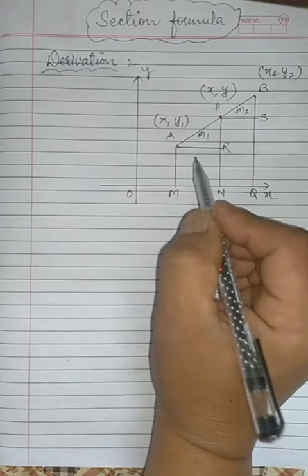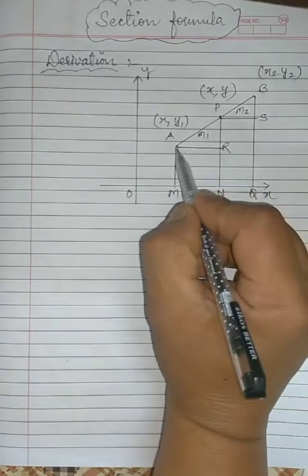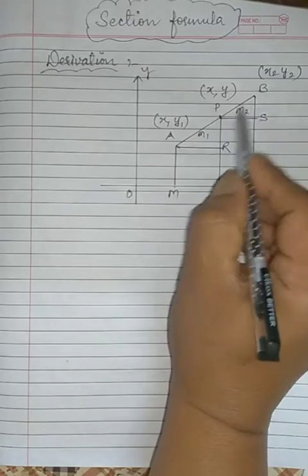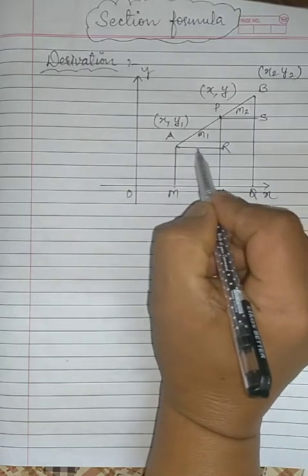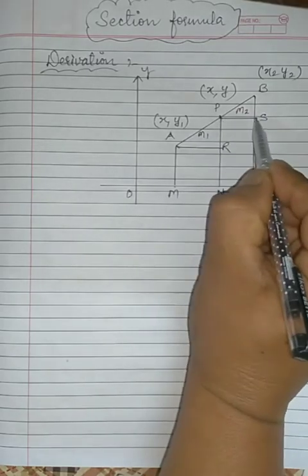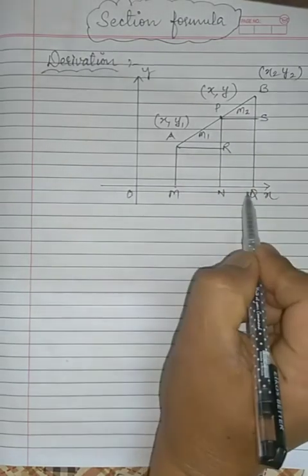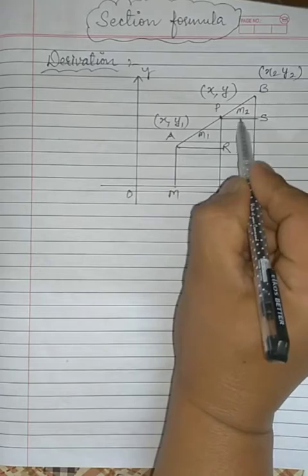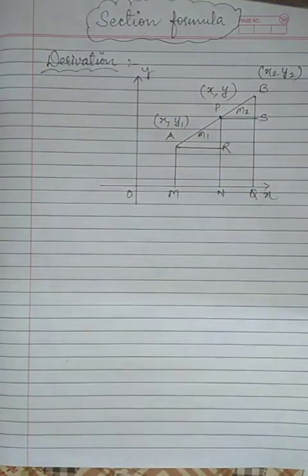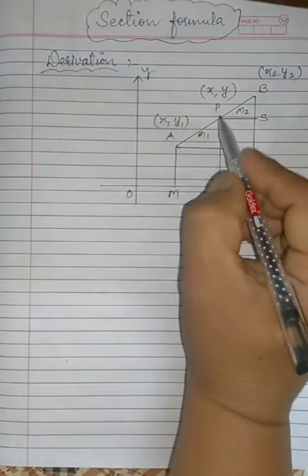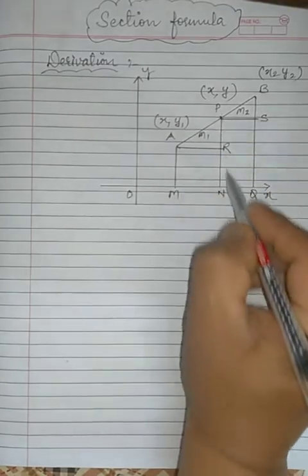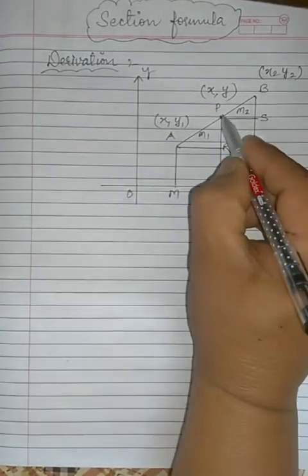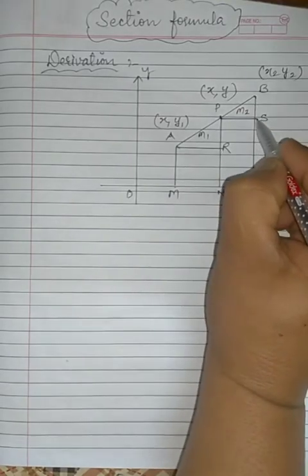Now, if you look at the triangles APR and PBS, we have AR and PS parallel to the x-axis. That's why AR and PS are parallel. And PN and BQ are drawn perpendicular to the x-axis. Therefore, PR and BS are also perpendicular.